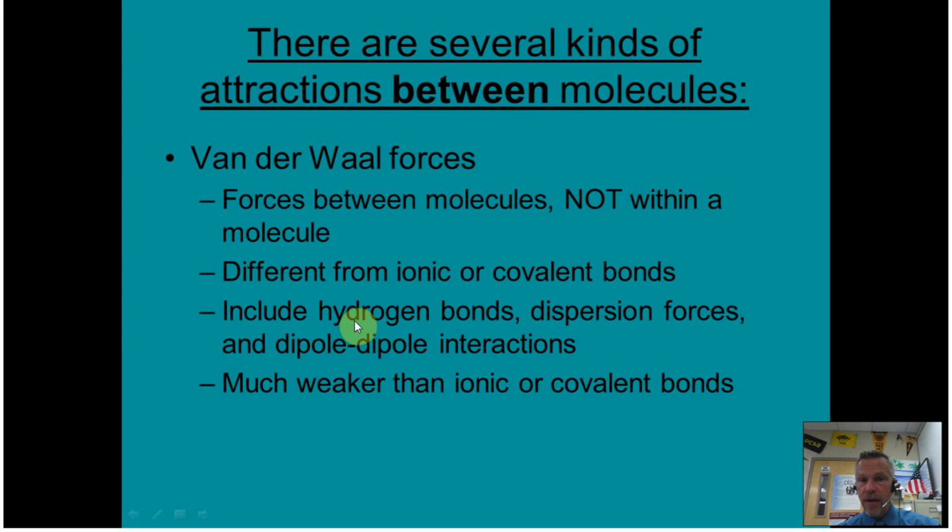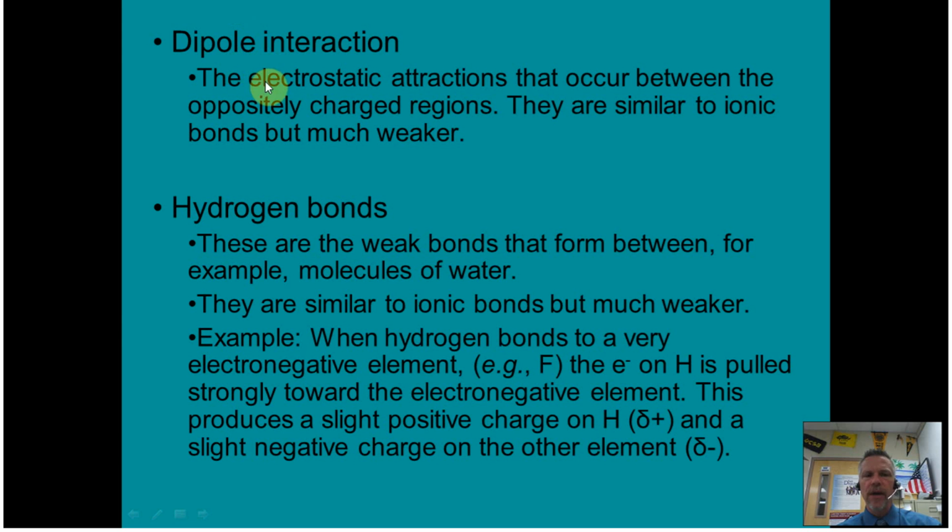So the types of Van der Waals forces are hydrogen bonds, dispersion forces, and dipole-dipole interactions. These are much weaker than ionic or covalent bonds. Okay, so the dipole interaction is the electrostatic interaction that occurs between oppositely charged regions.